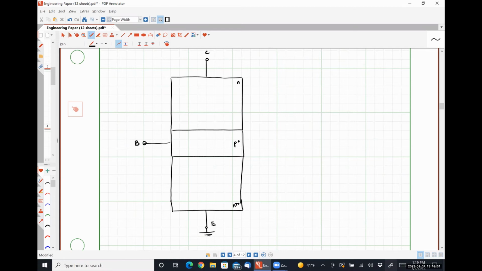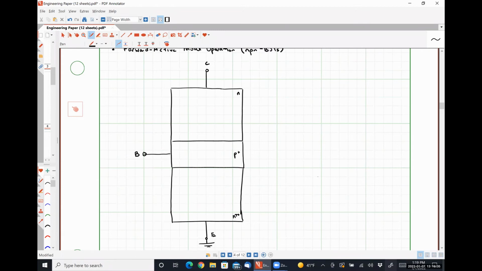Okay. So I am going to define a voltage here as VBE, which is the biasing voltage for the base emitter junction.